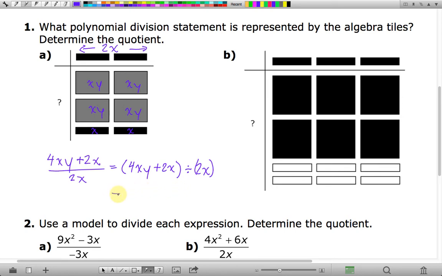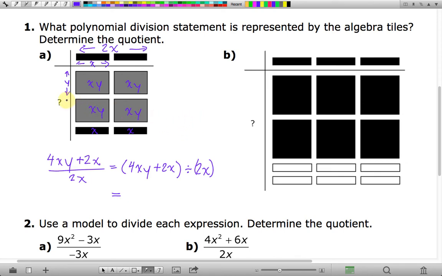So, and now to come up with the quotient, we're using an area model here, and area is length times width to get the area, and now kind of working backwards and doing division, we're saying what is the length that when you multiply it by this width you get that area. So the length that would work here, because we know that this is x units in length just from there to there, you know that this has to be y units in length from there to there to get an xy tile.